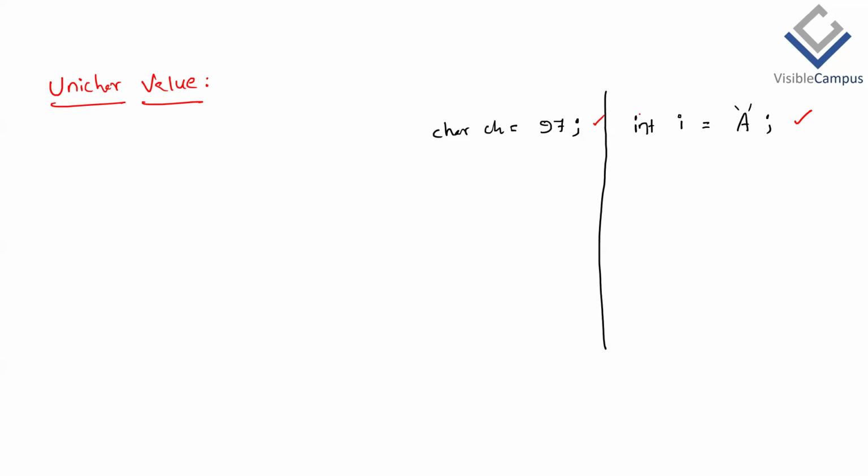Then what are we going to get? For example, if you are printing with System.out.println the i variable, and similarly here also System.out.println the ch variable, what output are you going to get? I said syntactically right. For ch, we are assigning the 97 value to a character variable.